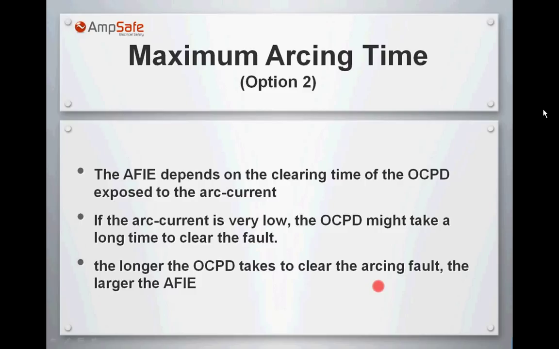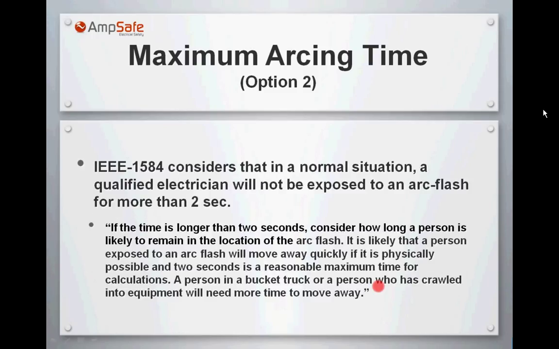So the IEEE has found that if you consider a maximum of 2 seconds as a maximum arcing time, it makes a lot of sense, because in 2 seconds, you have either run away from the situation for your dear life, or you have been pushed away by the blast sufficiently that you are not considered to be absorbing more energy, okay?